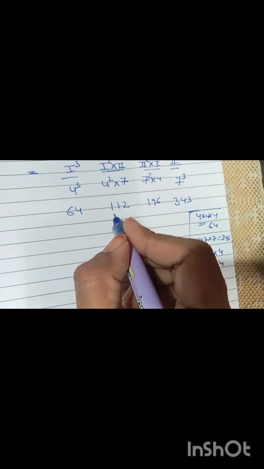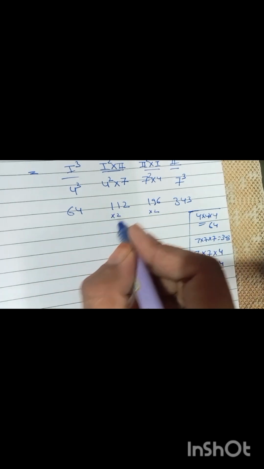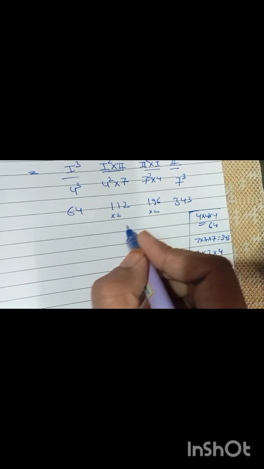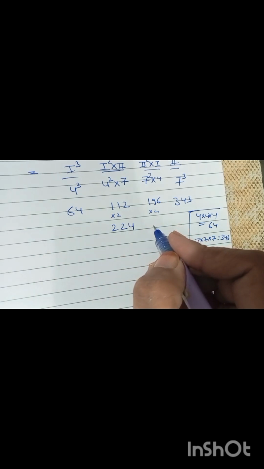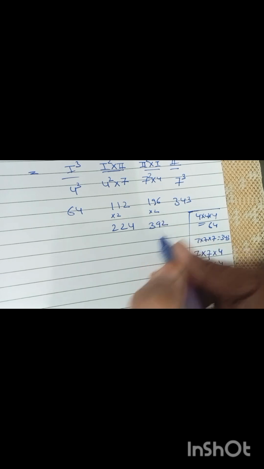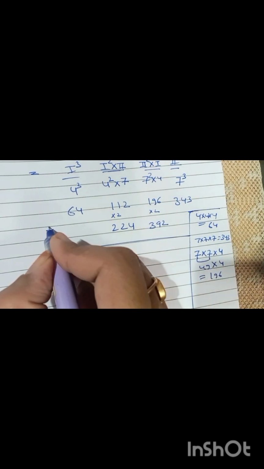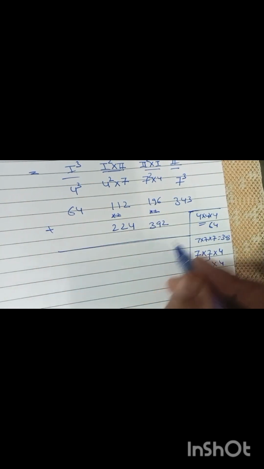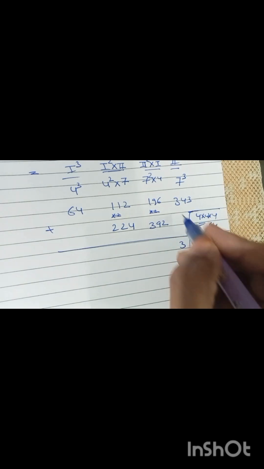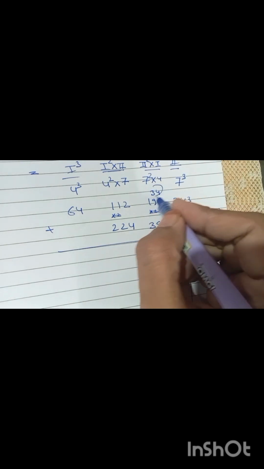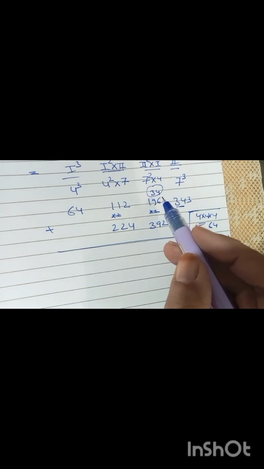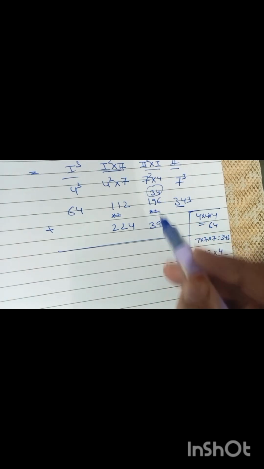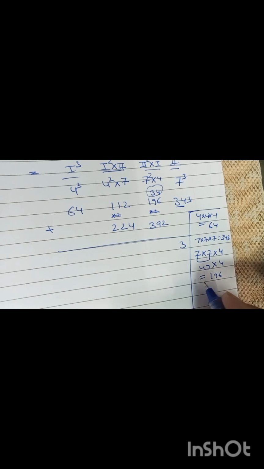Now what we have to do? We will multiply only these two by 2. Multiplication of 112 by 2 is 224. Multiplication of 196 by 2 is 392. Now we will add. In 343, only 3 will come here, and 34 will be forwarded to the next step. In the next step we will add 34 plus 196 plus 392.